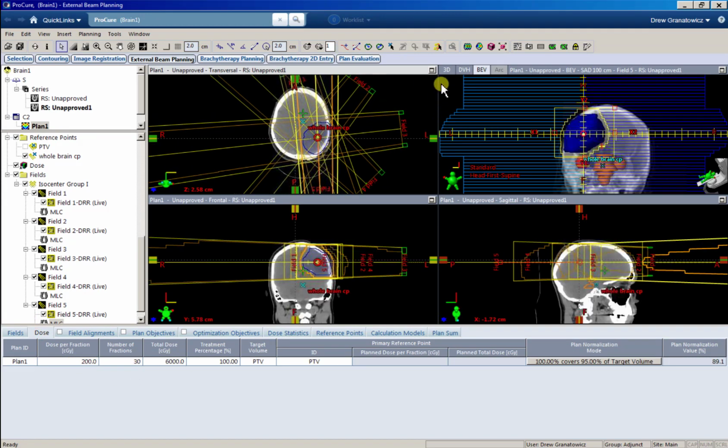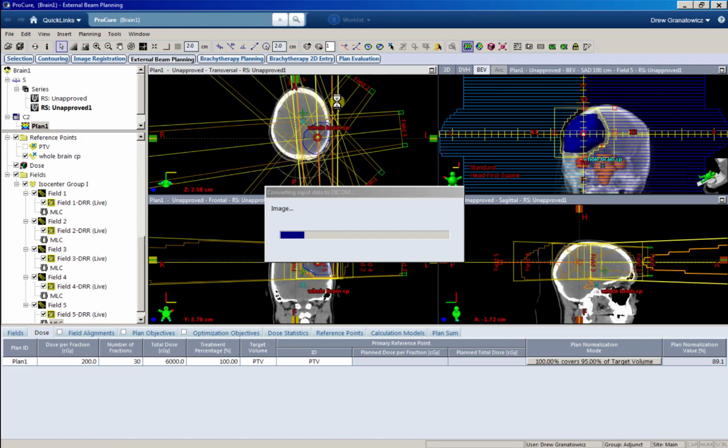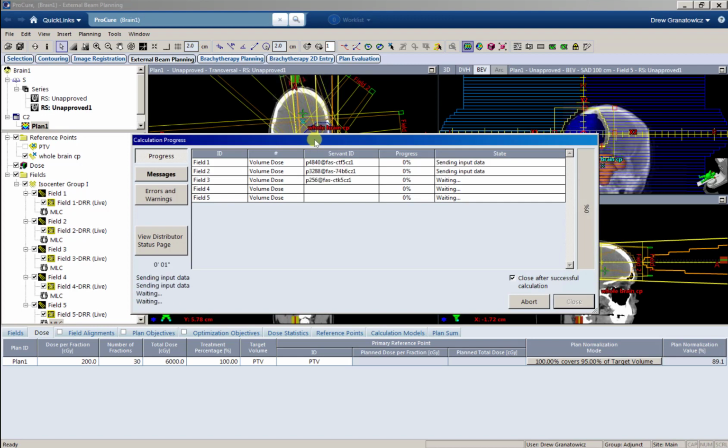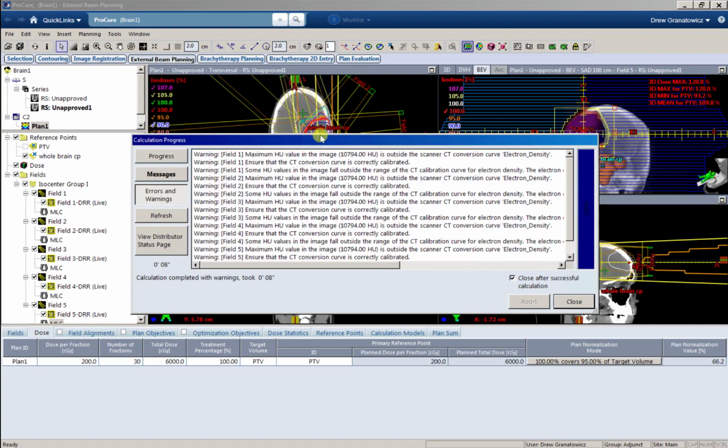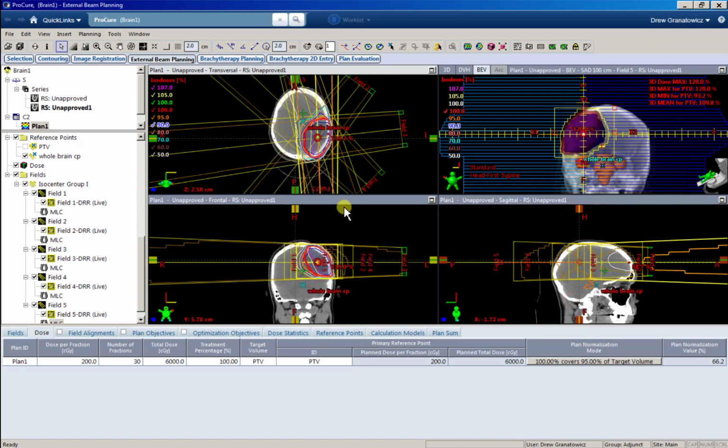What I want to do real quick is calculate this coplanar beam arrangement, just so everyone can take a mental picture of what that looks like and see how much we can improve our dose falloff with a non-coplanar beam arrangement.